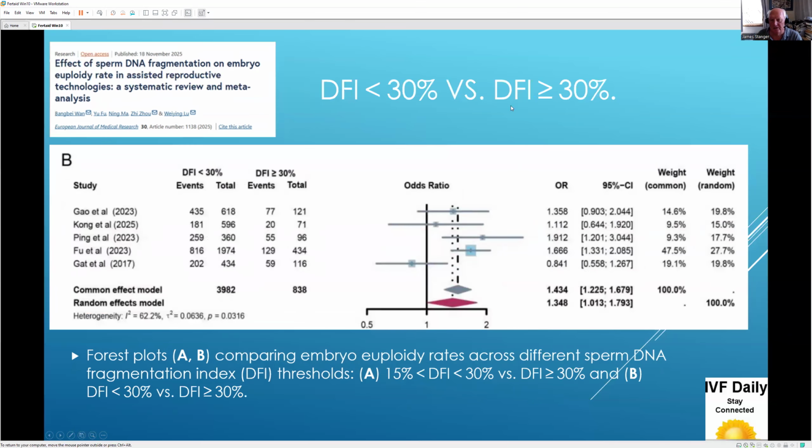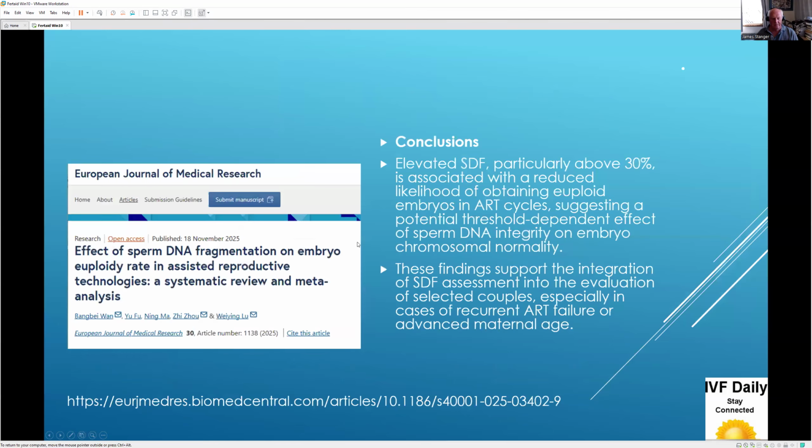But when you compare samples with more than 30% DNA fragmentation to less than 30%, there was a significant association. Some tests show a very strong group. This one here from Gayos is almost in the odds ratio positive range, but there are two papers which still don't find the association. So they're still very much work in progress.